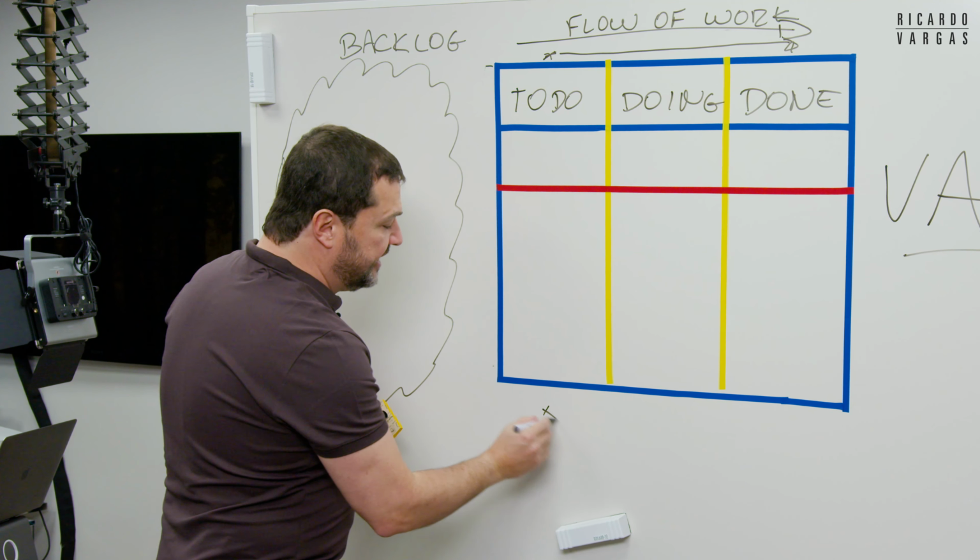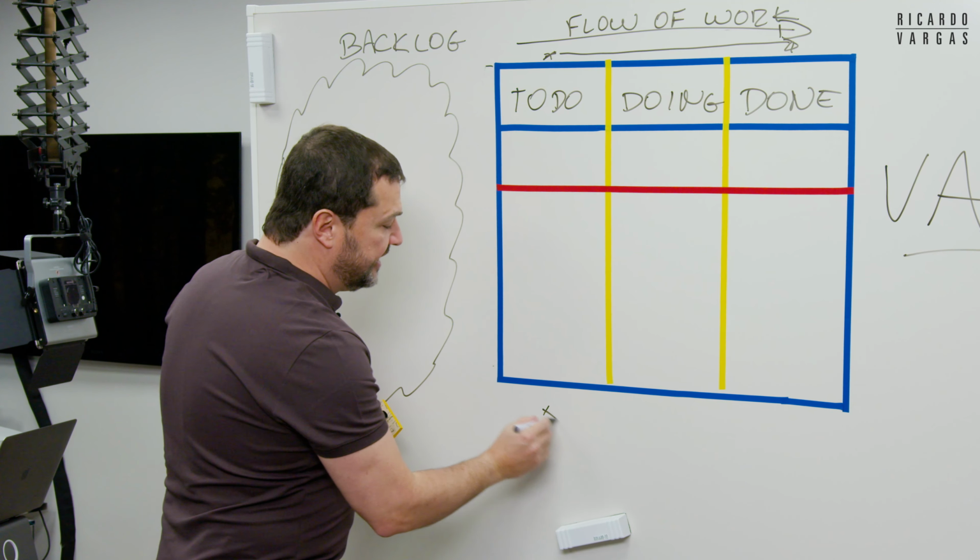Task A, then task B, then task C, D, E. When we see this, this is our backlog.